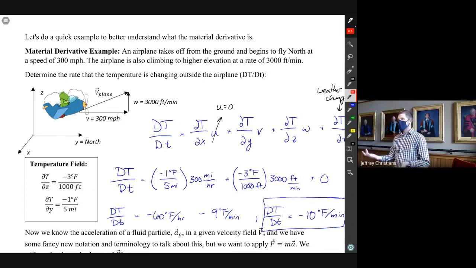Temperature is easier because it's just a scalar, just a number, while velocity is a vector, which adds a wrinkle. For example, if you're a little dinosaur flying in an airplane and you know how the temperature changes as you go north and as you go up in elevation, then you can say how the temperature is going to change for you.